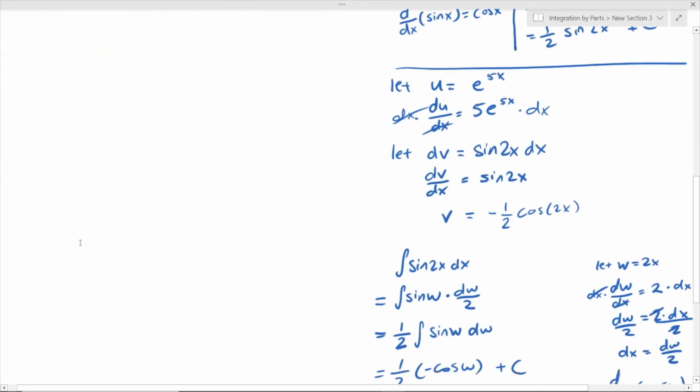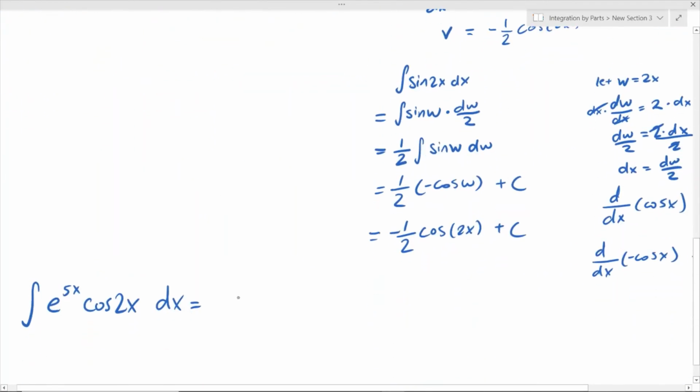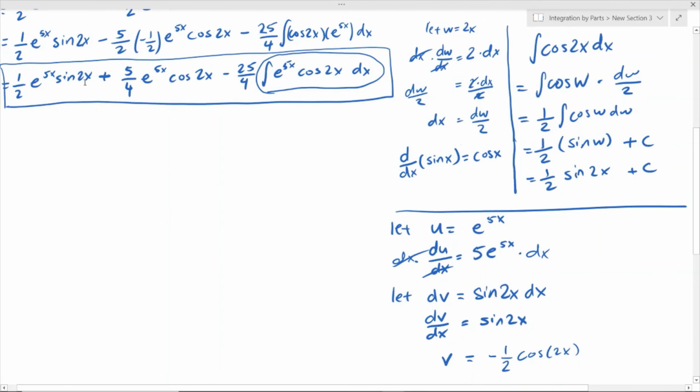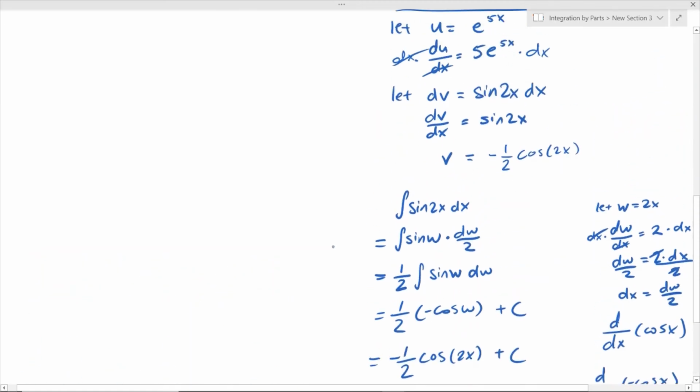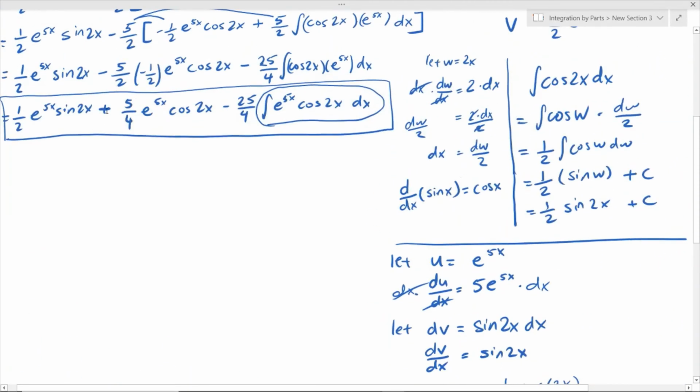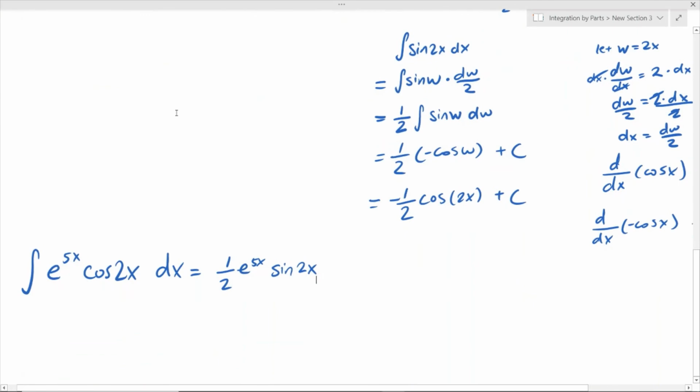So a half times e to the exponent 5x times sine 2x, plus 5/4 times e to the exponent 5x.